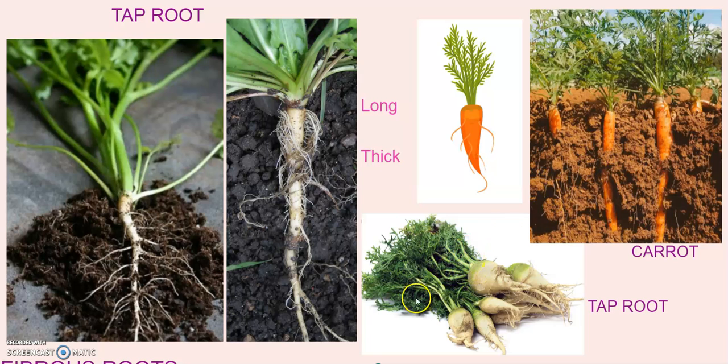And this is the mustard plant. The root of a mustard plant is like this. A mustard plant also has a taproot. You can see here, this is the taproot of a mustard plant. So a taproot has long and thick roots.